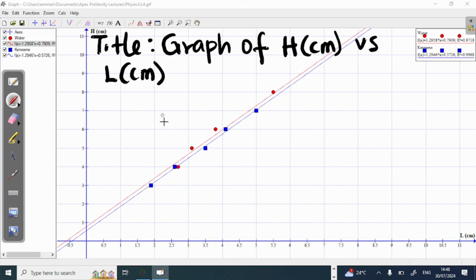So graph of h versus L. This is the title of the graph. Let's get the scale used, please.